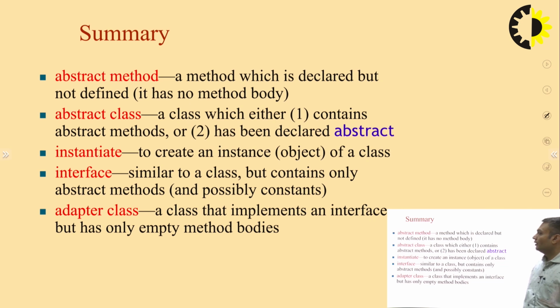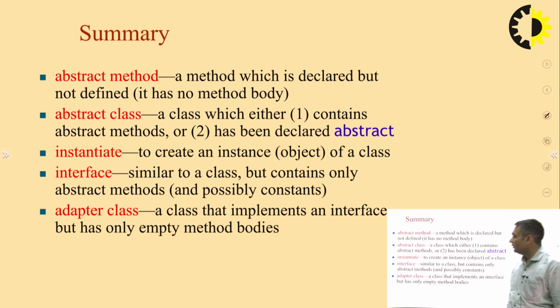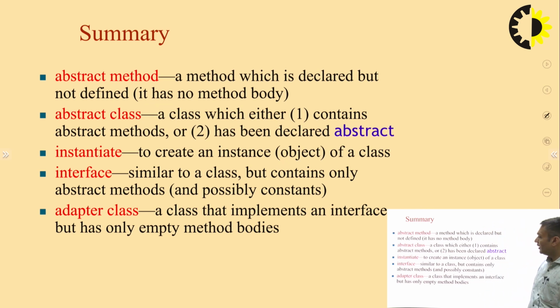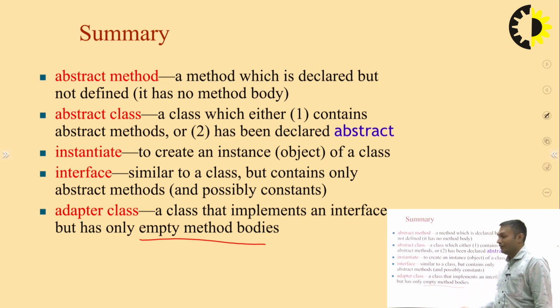An abstract class can't be directly instantiated. Interfaces are similar to a class but don't have methods with bodies, so the methods inside interfaces are abstract methods. And an adapter class is a class that implements an interface but has only empty method bodies.